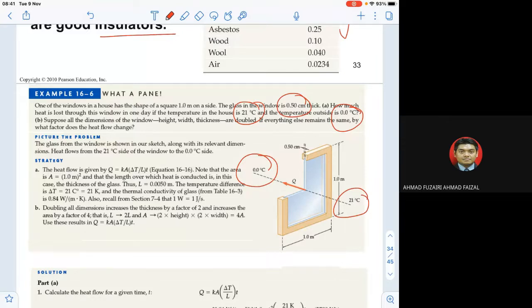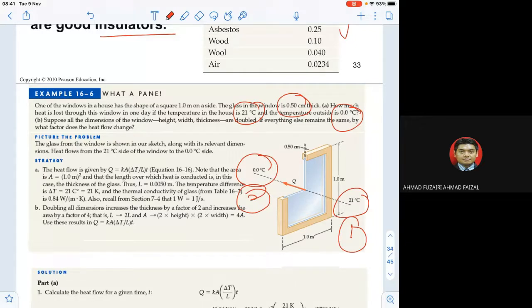So there is a window made from glass. In our theory, this is one body, with one temperature at side one and another temperature at the other side, so there are two different temperatures that are not equal.